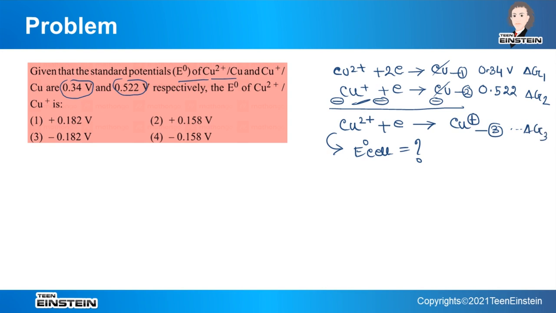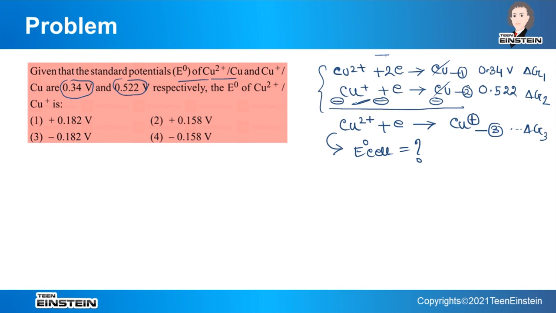So see, here we have not written the equation the way we did in the case of a redox reaction, where one system undergoes reduction and another undergoes oxidation. In that case there is an electron on one side and for the other equation an electron on the other side, so the 2 electrons cancel, but here it is not cancelled. Here we are combining these two systems in such a way that we can get the equation for which we have to calculate E0 cell.